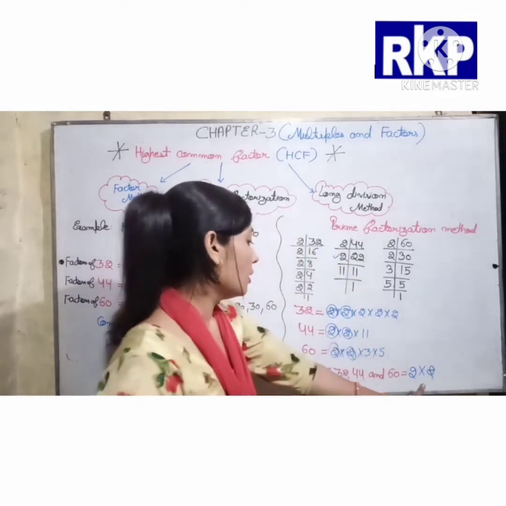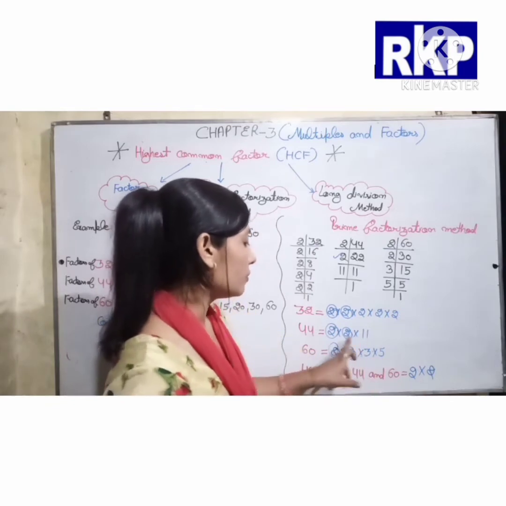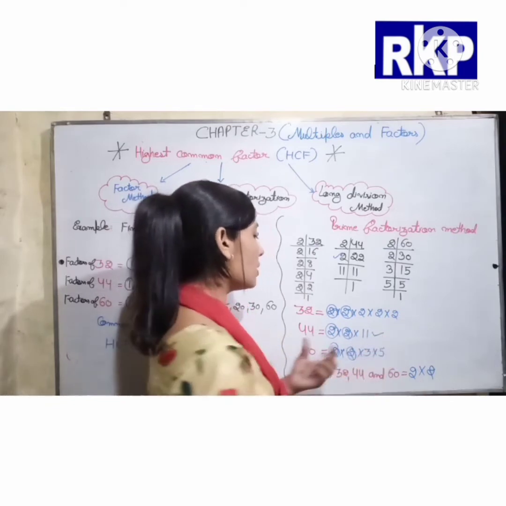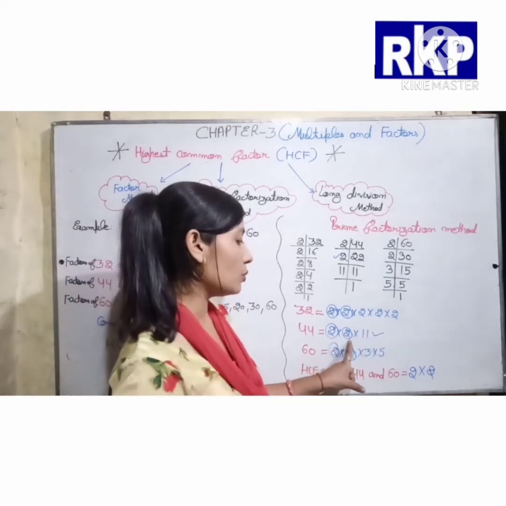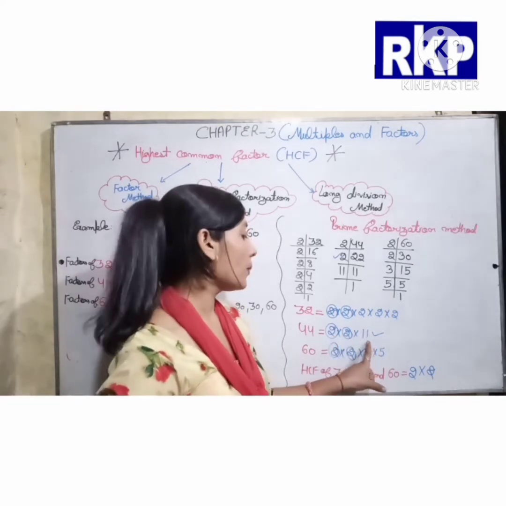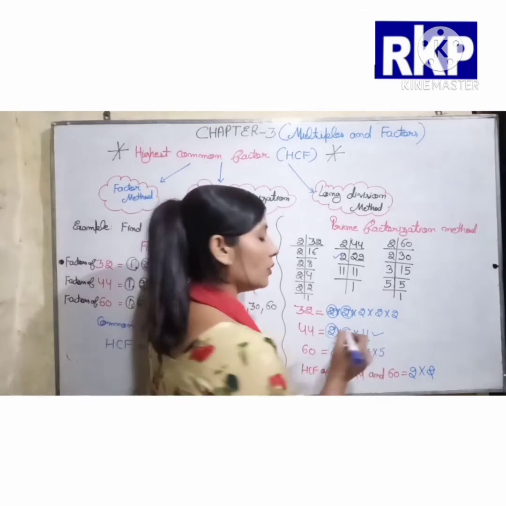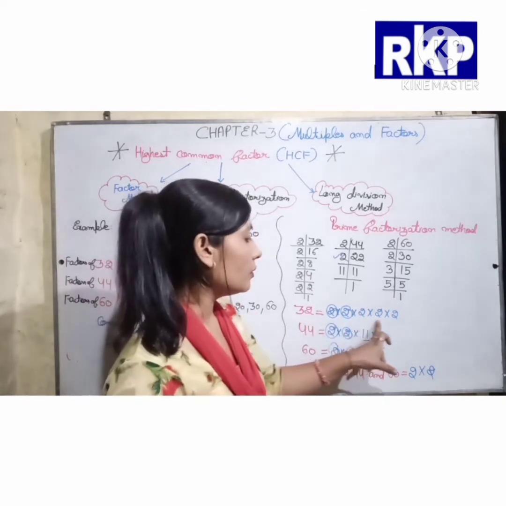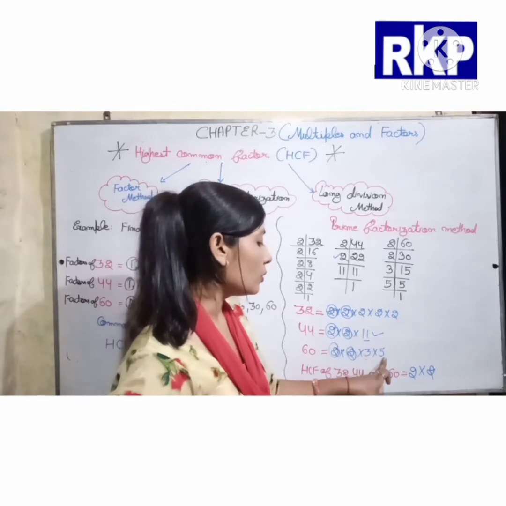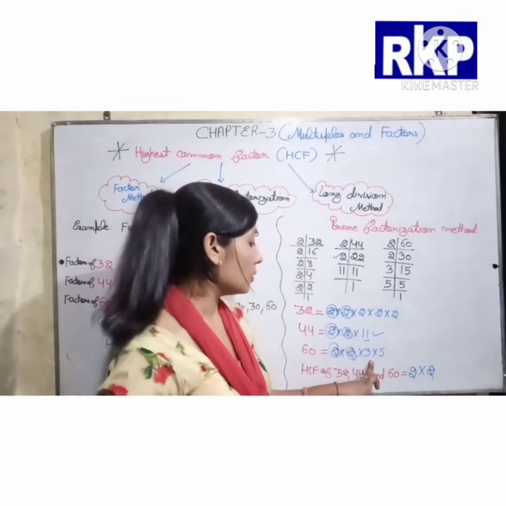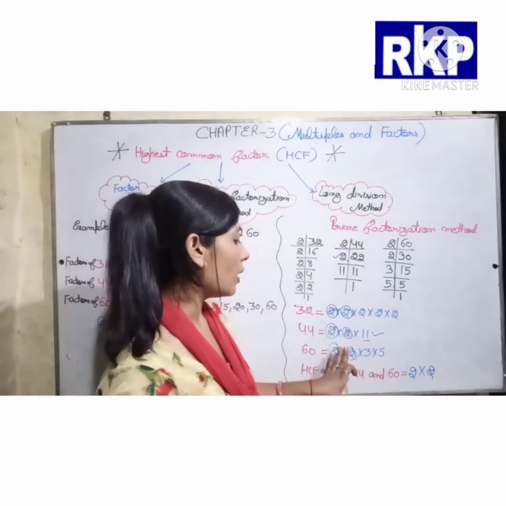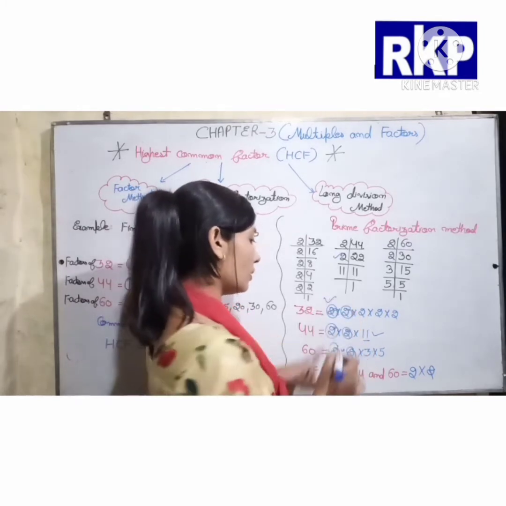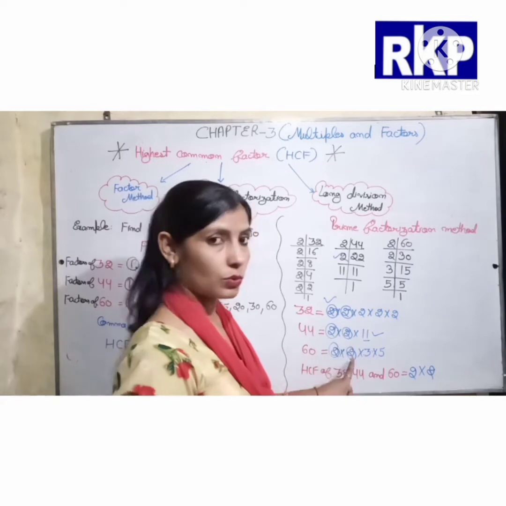Now again you can check in this, because here we have only 3 prime factors, 2, 2 and 11. Check this, here we have 11 and here we don't have 11, and here also we don't have 11. So 11 is not a common factor. So we have only 2 and this 2.